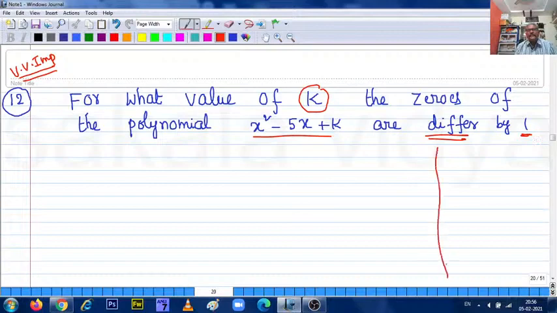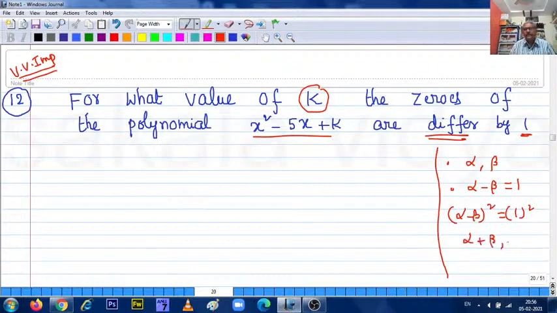Suppose the zeros are alpha, beta, so here alpha minus beta is equal to 1 given. Squaring on both sides, alpha minus beta whole square is equal to 1 square. So in this one, you need to substitute alpha plus beta value and alpha beta, then you get the k value. Okay, let us solve it now.